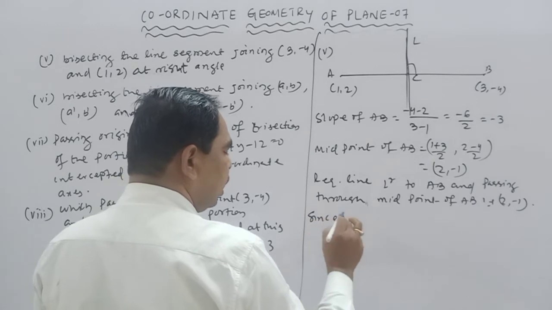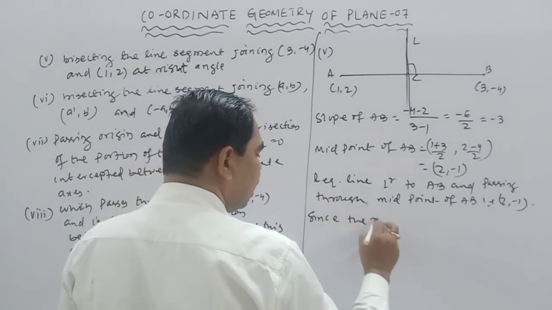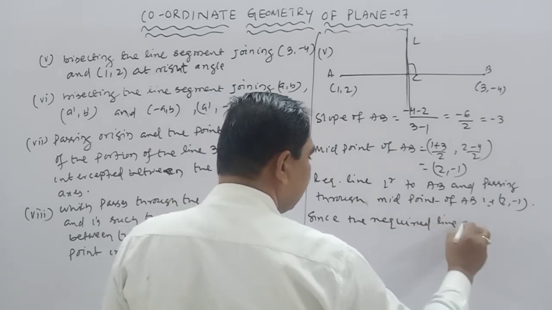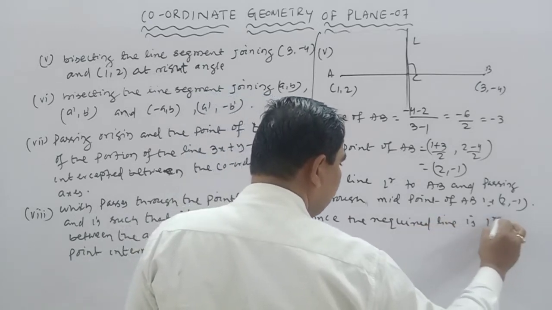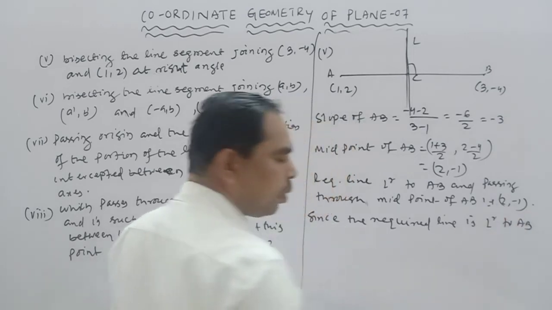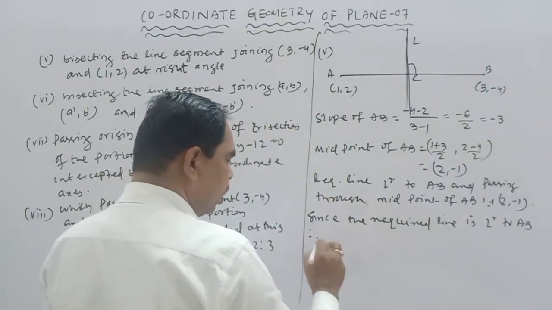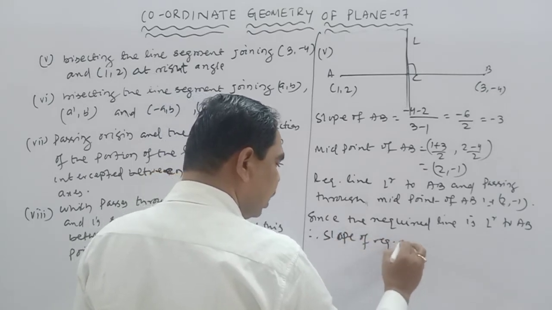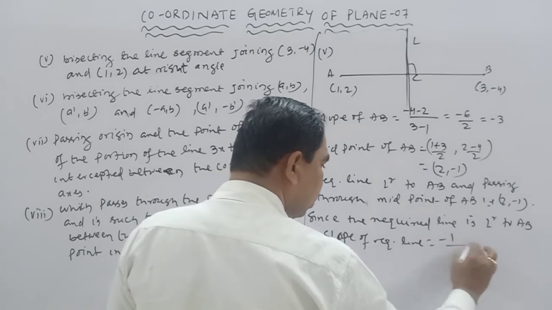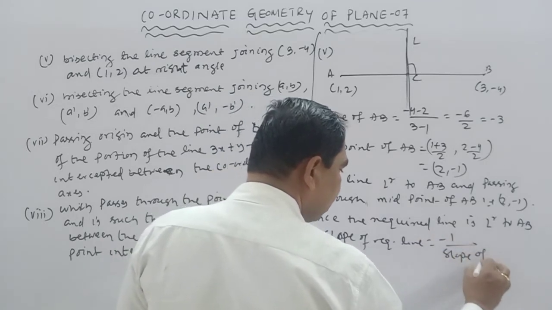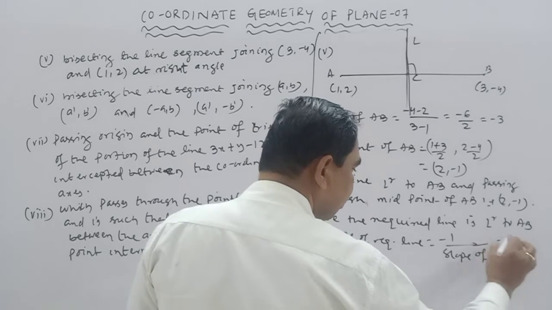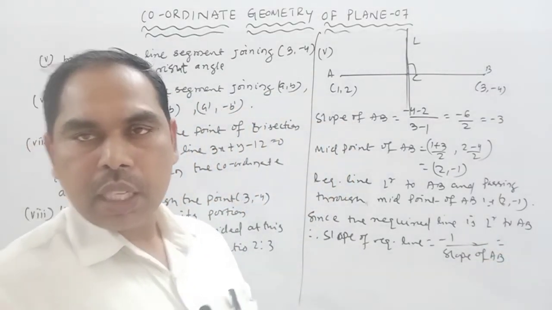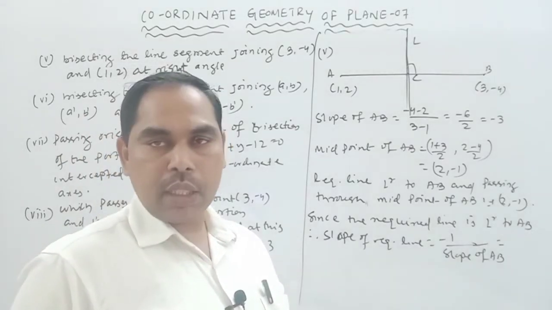Since the required line is perpendicular to AB, therefore the slope of the required line is equal to -1 by the slope of AB, because if two lines are perpendicular to each other, then the product of their slopes is equal to -1.